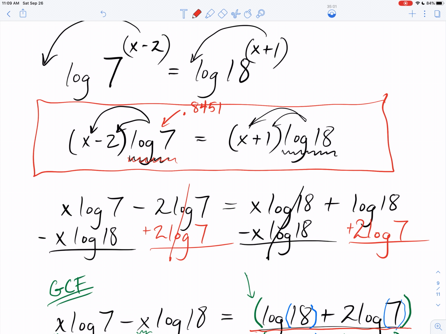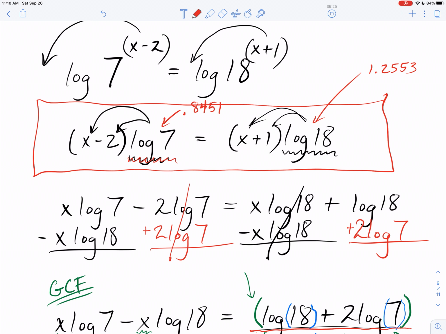What is the log of 18? It's just a number. If I were to take the log of 18 and convert it to a decimal right now and round it off, I'd get 1.2553, since it says 27 on my calculator, so I'm just going to call that a 3. I'm going to round it to the 4th decimal place.